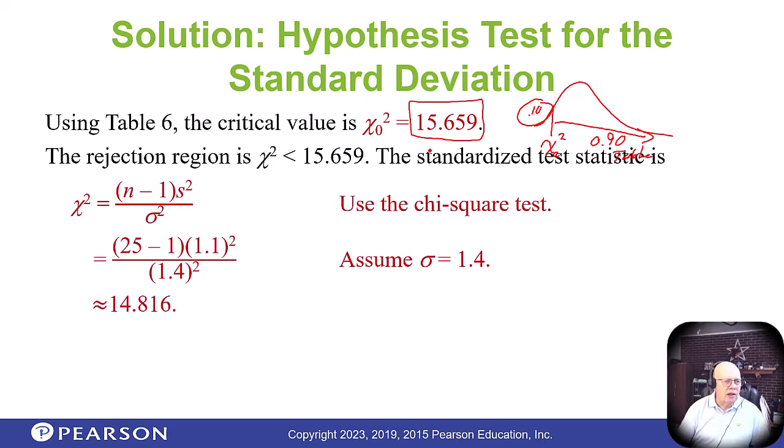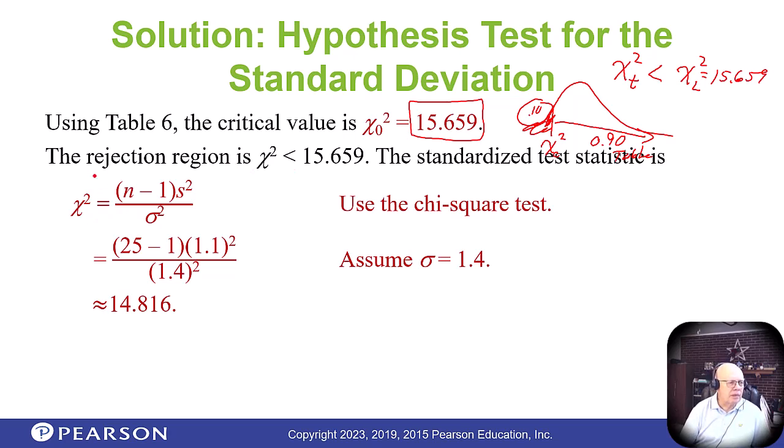So the test will be: is the chi-squared value that we find from the test, remember this is the rejection region, is it less than the chi-squared on the left, our critical chi-squared value, which in this case was 15.659.